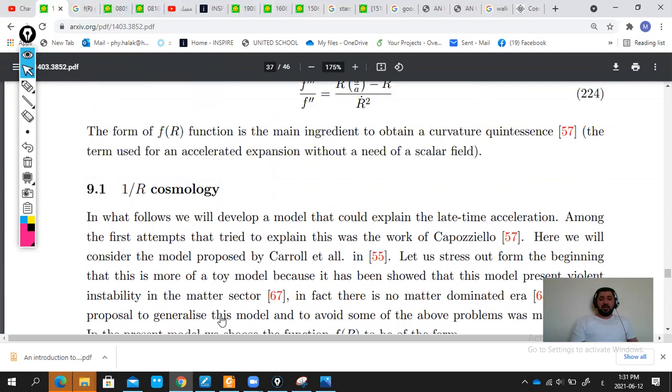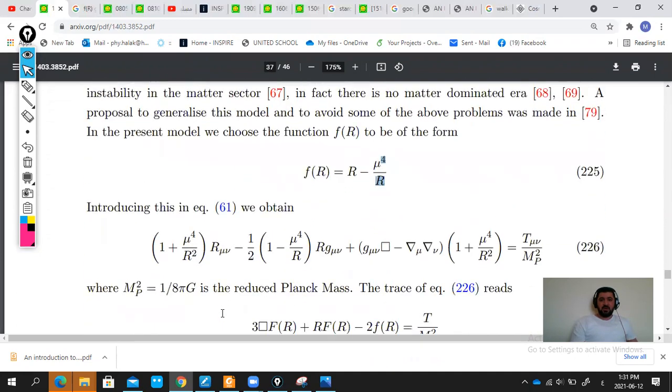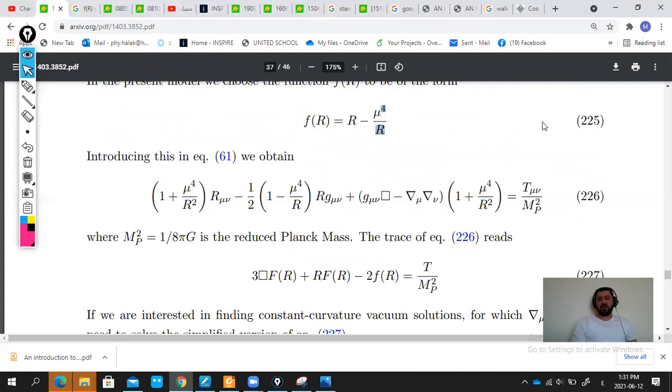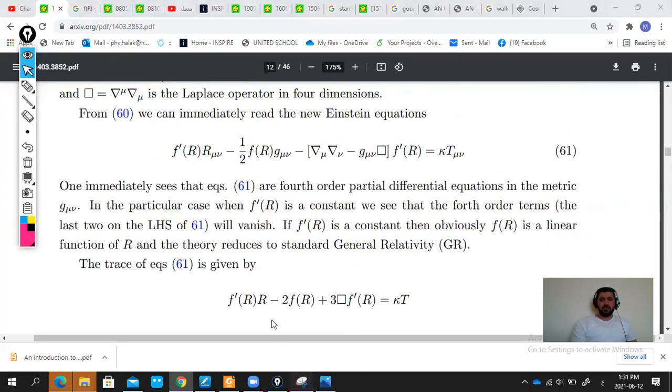But now let's just introduce this model as a toy model. Now, if we look at equation 61, let's see what they meant by this one. Yeah, this is the modified Einstein equations. But now instead of F of R, let's go to 61, but let's memorize which number this is, 37.